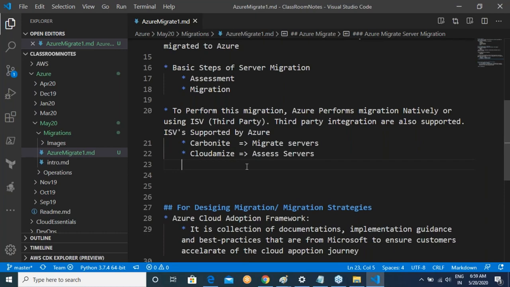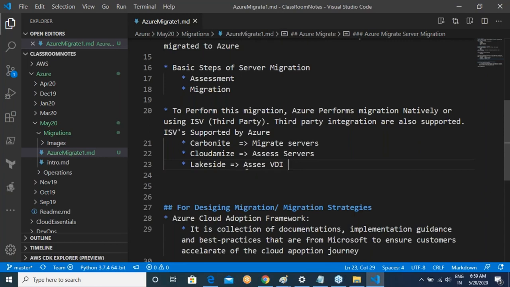I'm not going to write all of them, but let me write some which are different. Lakeside can be used to assess VDI infrastructure. When I say VDI, this is your Citrix or whatever it is.